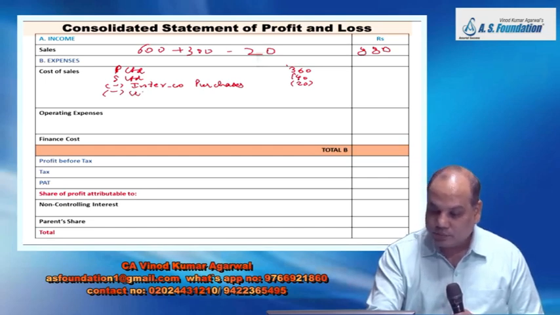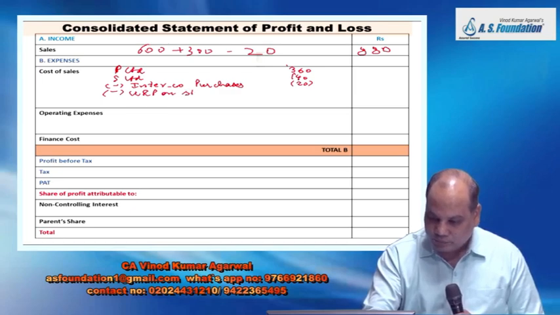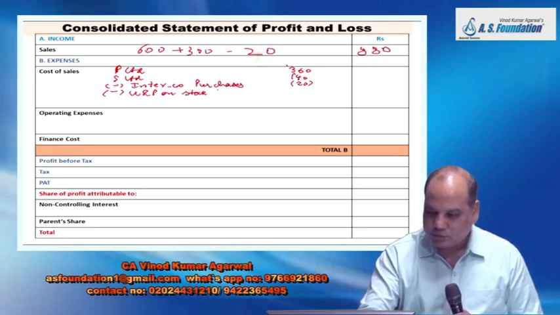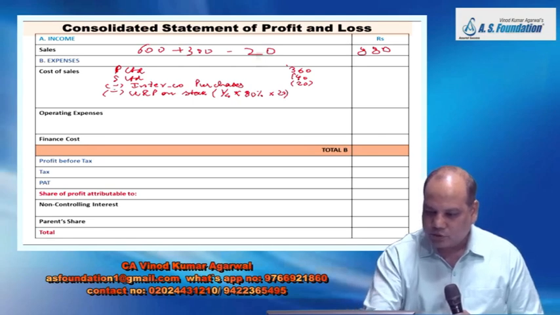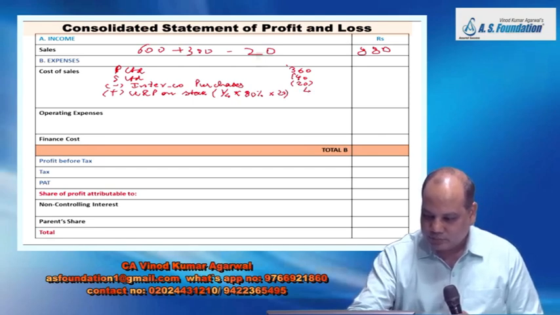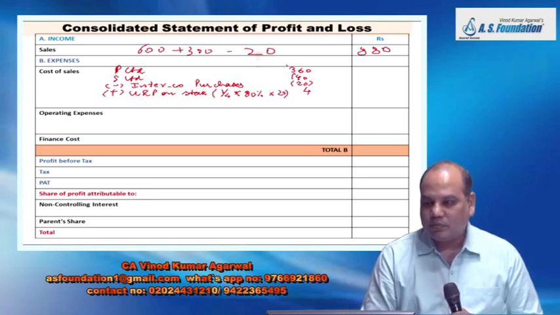So write down less unrealized profit on stock, 1/4 into 80% into 20. So is this less or add? That is a question.